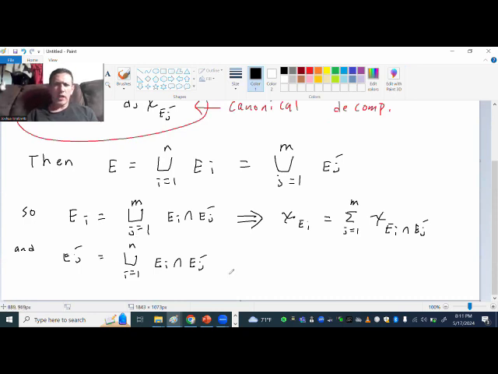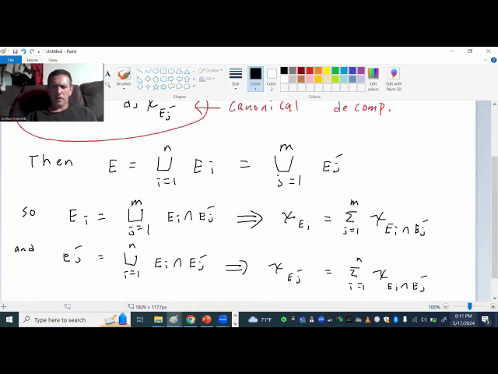Here I'm summing over j. That means that this characteristic function here, same thing, is this sum.